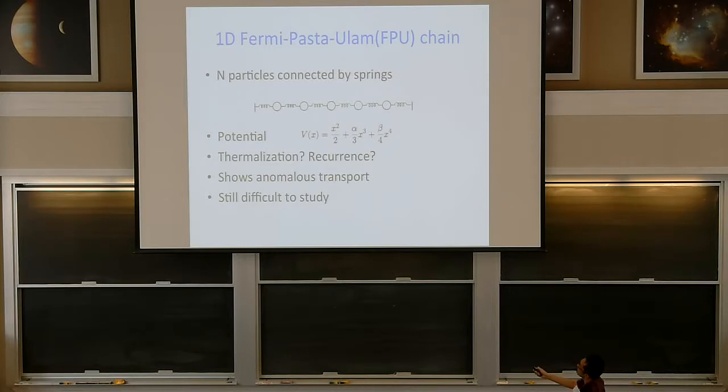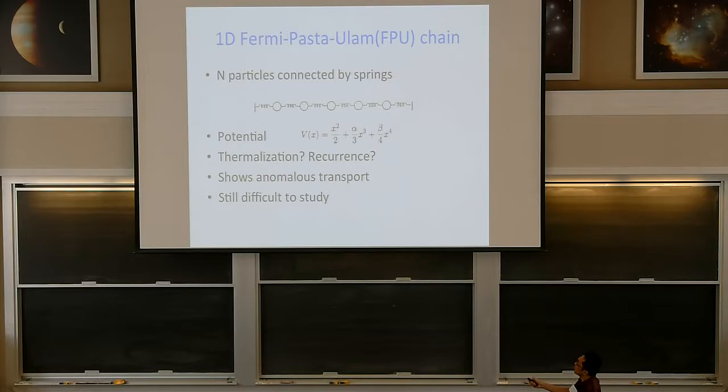Of course, when alpha and beta are 0, they just oscillate forever, so there's no thermalization. They thought that maybe with nonlinearity, in the alpha and beta non-zero case, one could observe thermalization. Of course, this cannot be solved analytically by hand, so they tried to use computers.